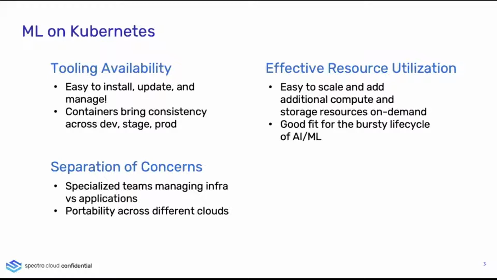And AI ML by its nature is very bursty depending on the activity you're doing. For instance, during the data import and preparation phases, the system needs heavy storage and potential network utilization as it's pulling in all the data. But during training, the machine learning model requires heavy bursts of CPU usage, or if you're using hardware accelerators like GPUs or TPUs, it can use those as well. With Kubernetes, scheduling and everything is very easy to use.